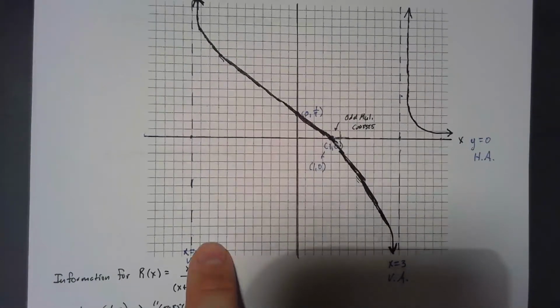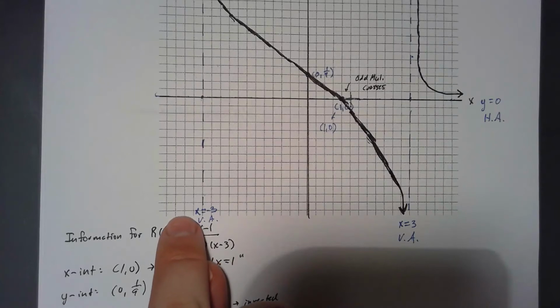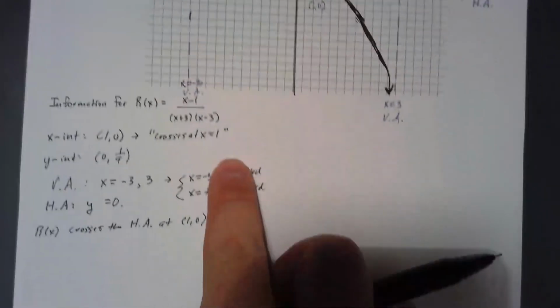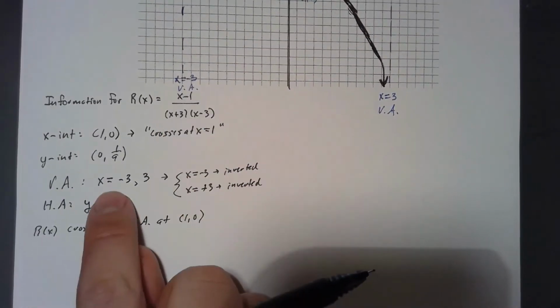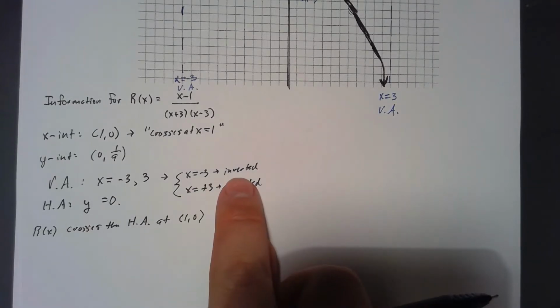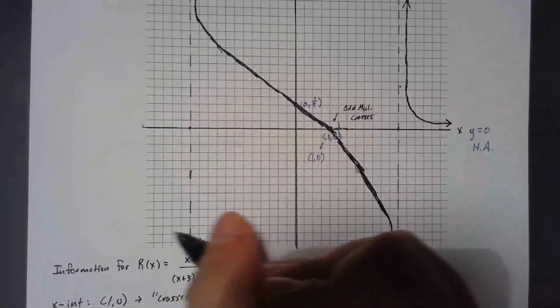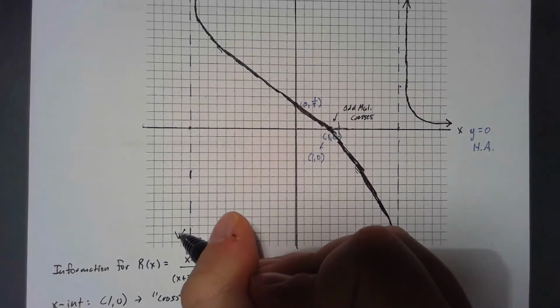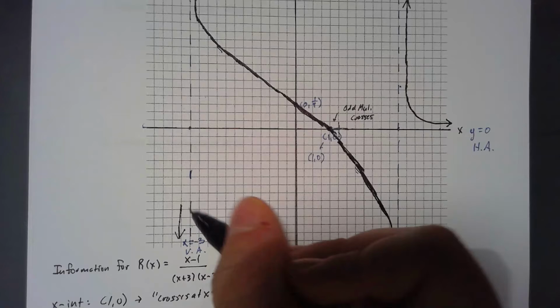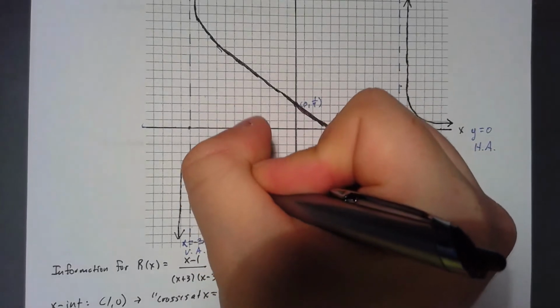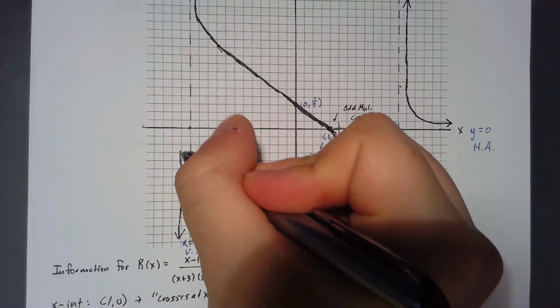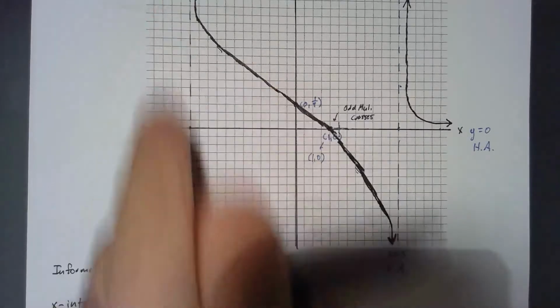Now, what's it doing on the other side, on the left side of -3? Well, that's the multiplicity of -3. It's inverted. So that means if it's up on the right side, on the left side it'll be down. And it's going to keep going up, going to keep going up until, what's it going to do? Is it going to go out to the left or is it going to go straight up?